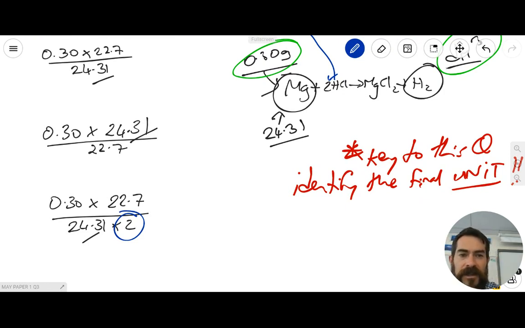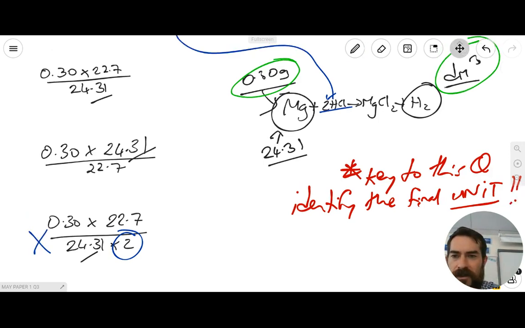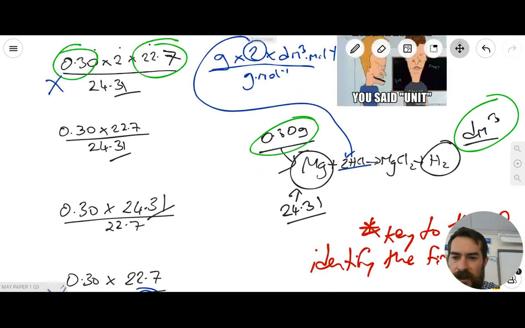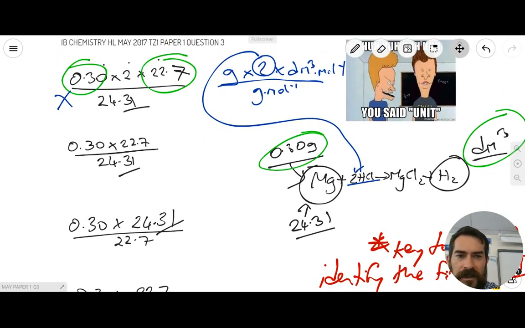And again, that's relating to the hydrochloric acid, so we can eliminate that equation very quickly too. So now we're focused on just 2 possible equations, option B or option C.